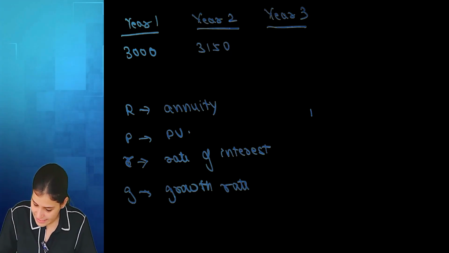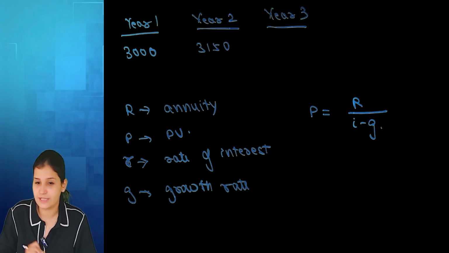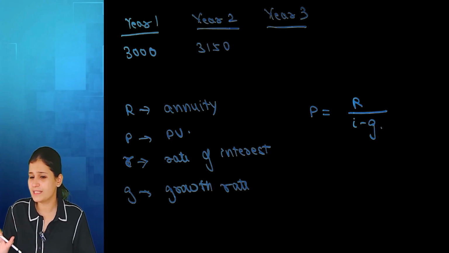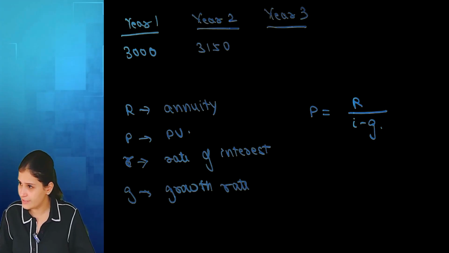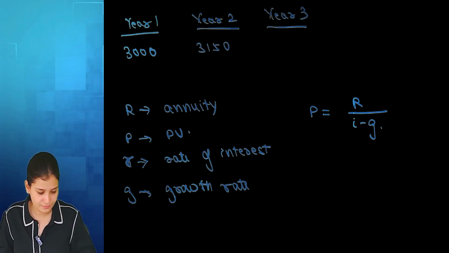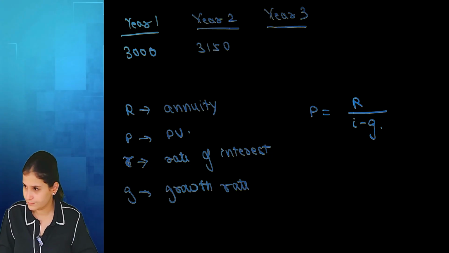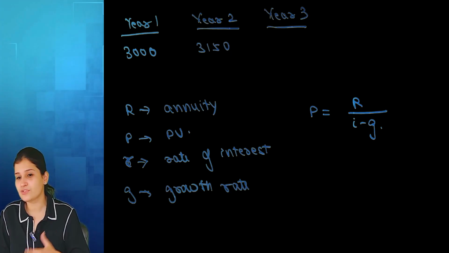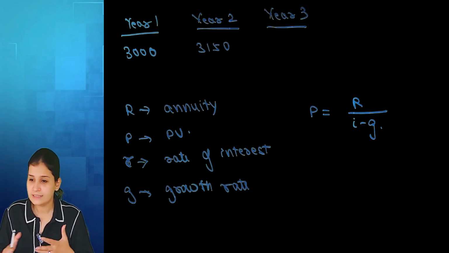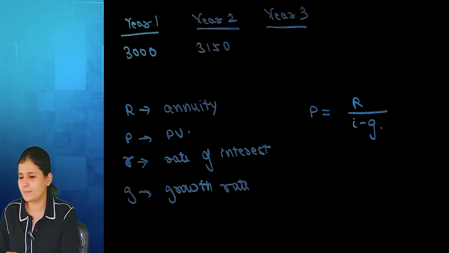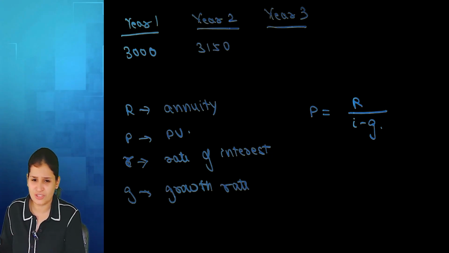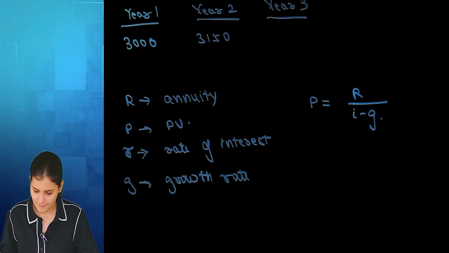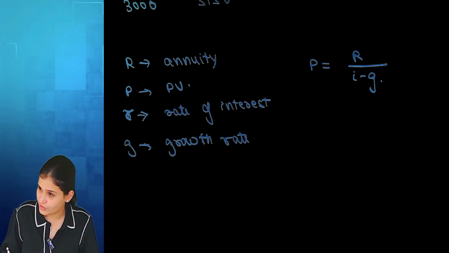So if I'm finding present value, we use the difference of the rates. Whenever two rates are given, always use the difference of rates. In this case, the words I've used are rate of interest and growth rate. A couple of minutes later, I'll be using other words like inflation and nominal rate. For example, a question.